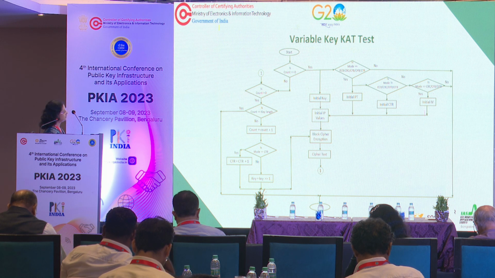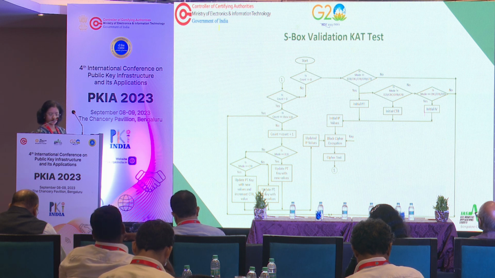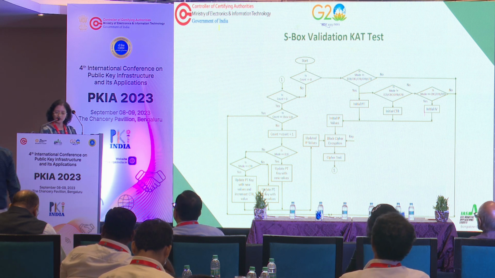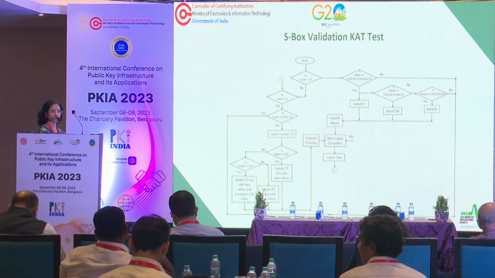Here comes the S-box validation test. The importance of the S-box validation test is that it demonstrates that all the entries of the S-box are used in processing these test vectors. Different block ciphers consist of different sizes of S-box.